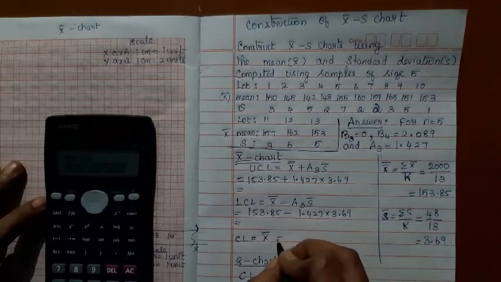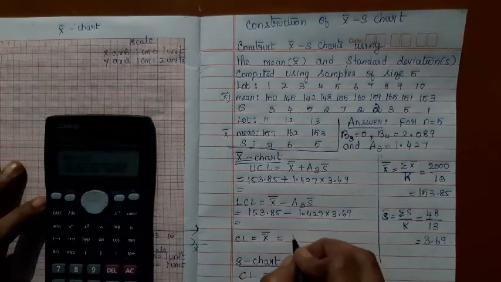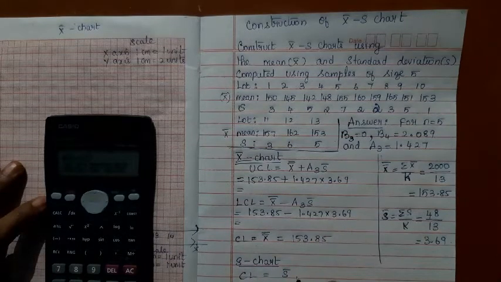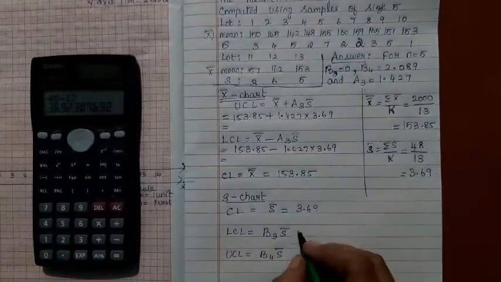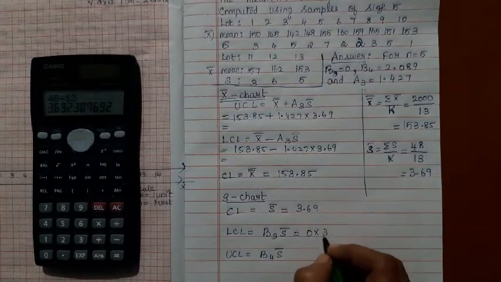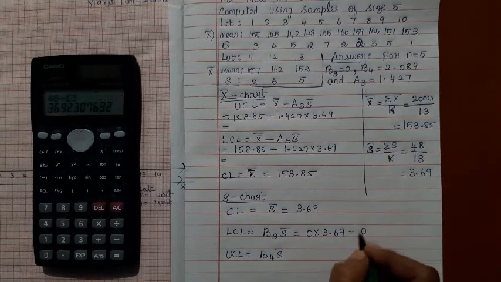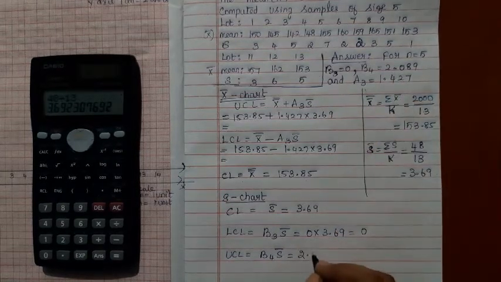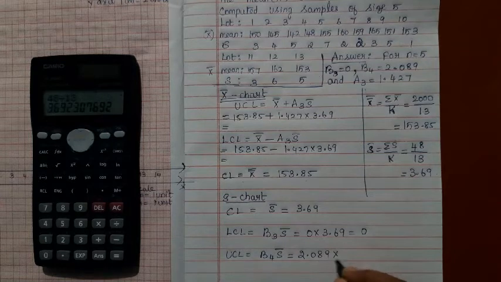The center line for the X bar chart is X bar bar itself, the mean of means, 153.85. The center line for the S chart is 3.69, and the LCL is 0 into 3.69, which is 0. And what is B4? We extracted it from the table as 2.089 into S bar.